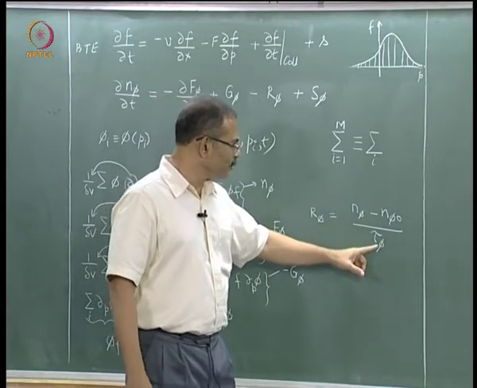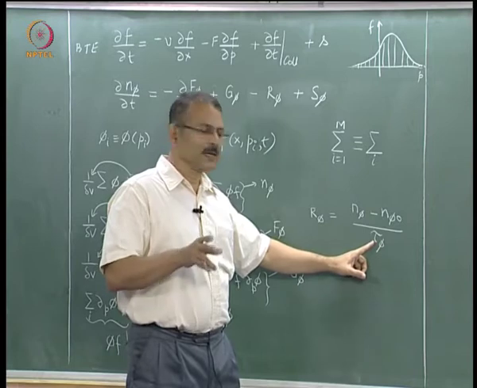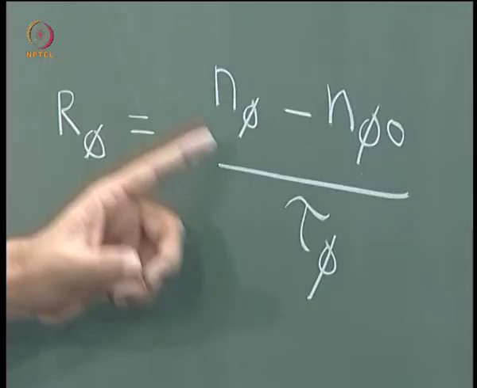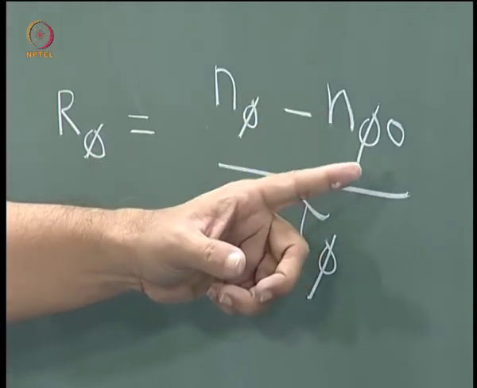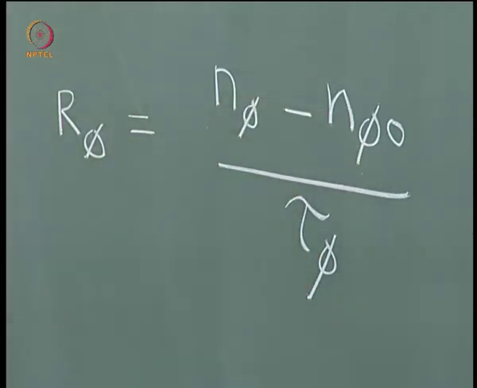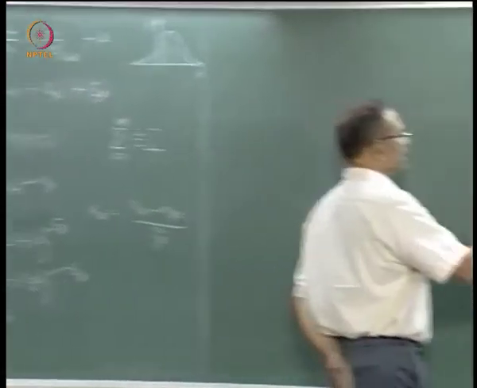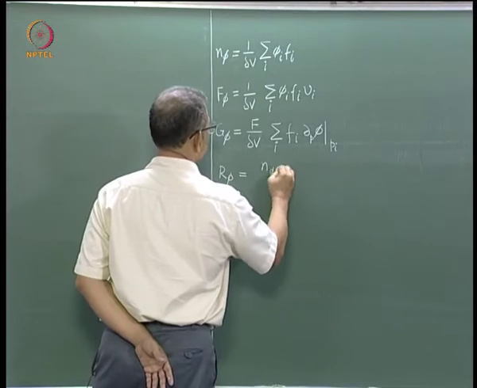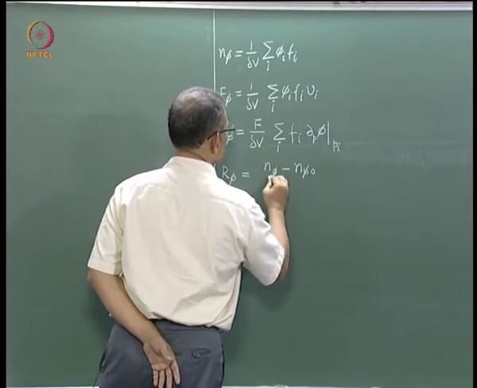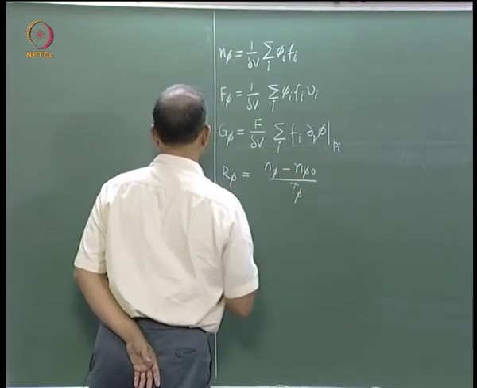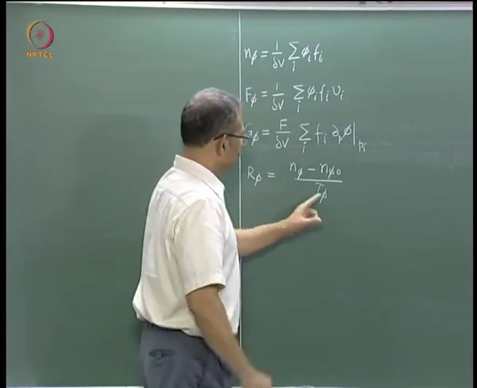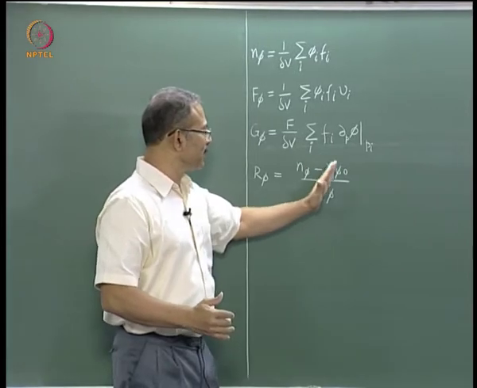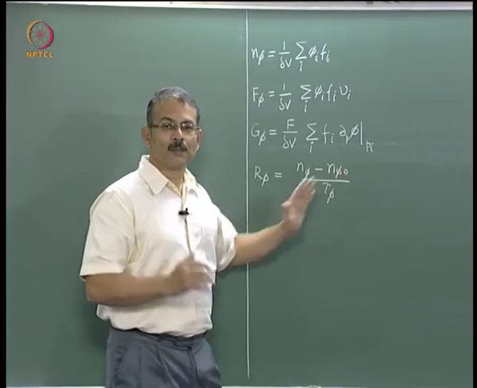So tau phi is a time constant that tells you how the quantity n phi will be driven towards equilibrium, at what rate. That is what this tau phi means. So let us put down this expression here. R phi is equal to n phi. Now a clarification here. Tau phi represents the rate at which n phi is driven towards equilibrium, n phi 0, but by what process?